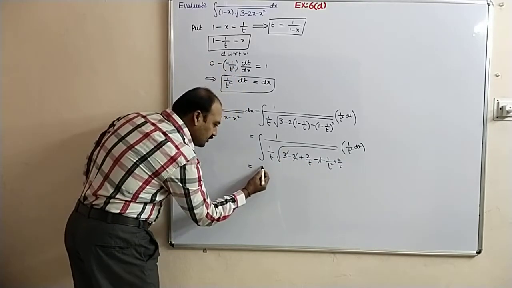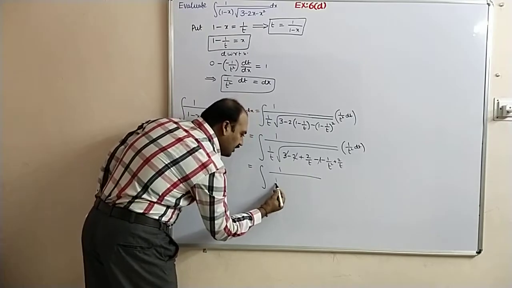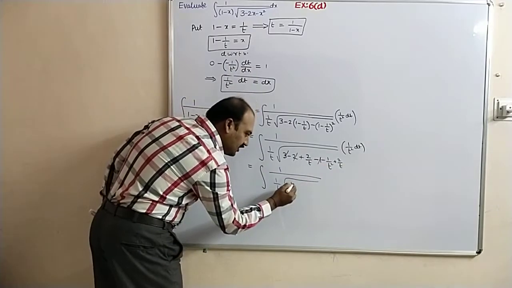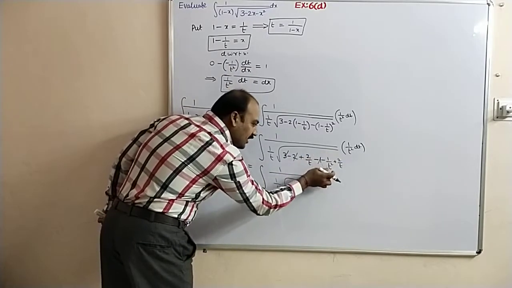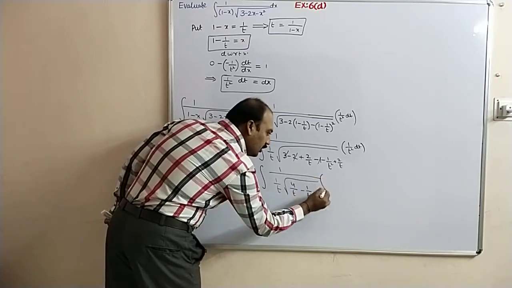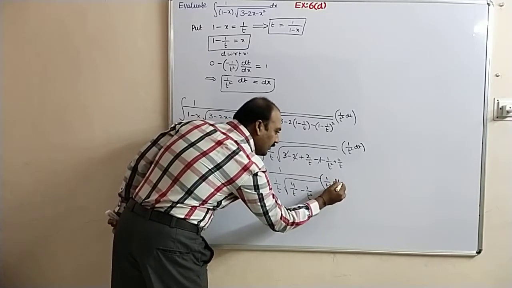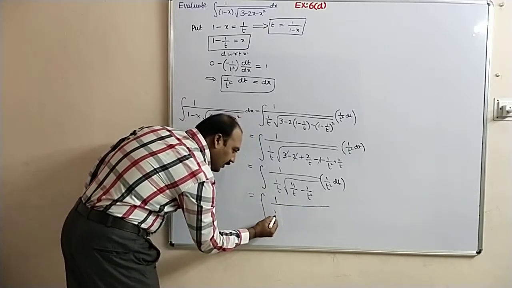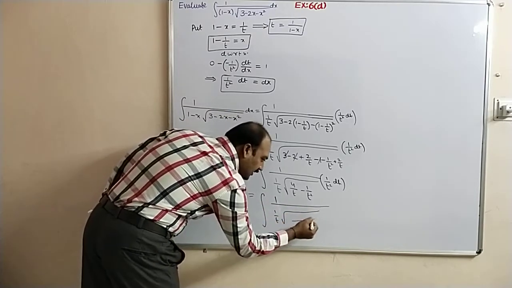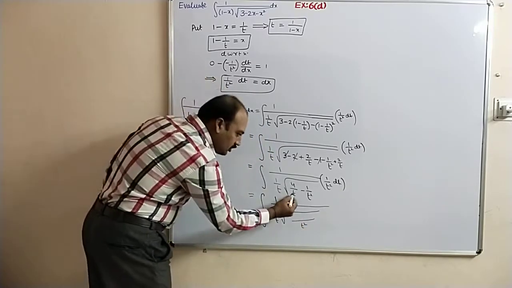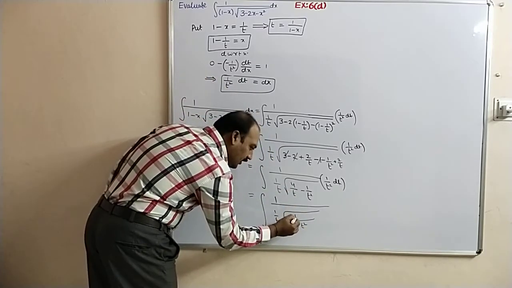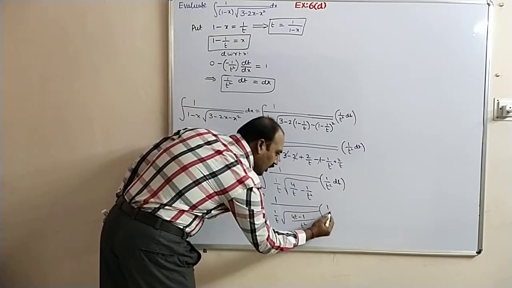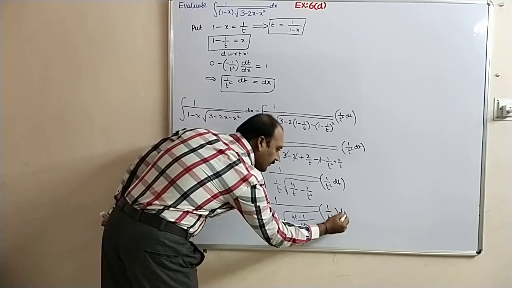The rest of the terms: integral 1 by t into under root of 2 by t plus 2 by t is 4 by t, minus 1 by t square, into 1 by t square into dt, which is also equal to integral 1 by t under root of, here t square you have to take as LCM, t times will be cancelled, 4t minus 1 by t square, into 1 by t square into dt.